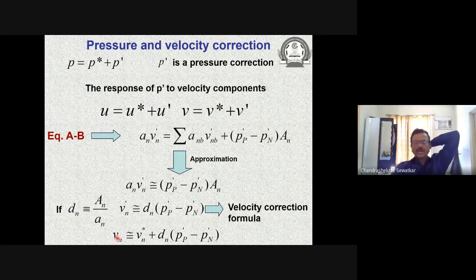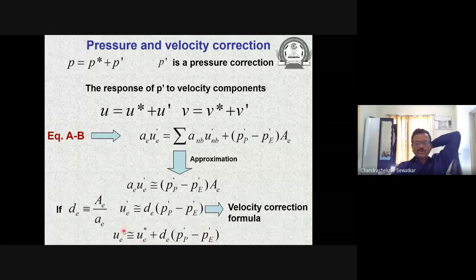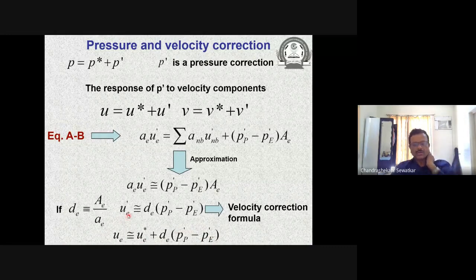I have the expression for Vn in terms of pressure correction. I have the UE velocity in terms of pressure correction. I can similarly write down the UW velocity, the US velocity, all the velocities, the VS velocity, in terms of pressure correction.